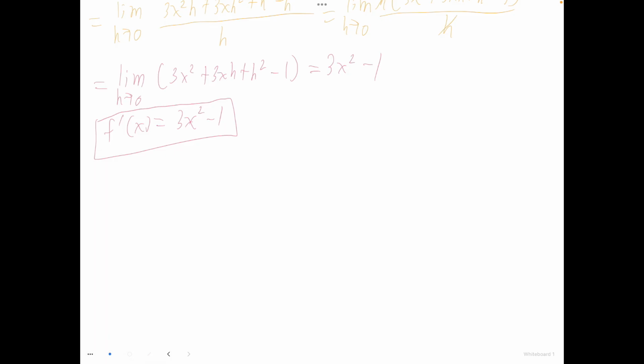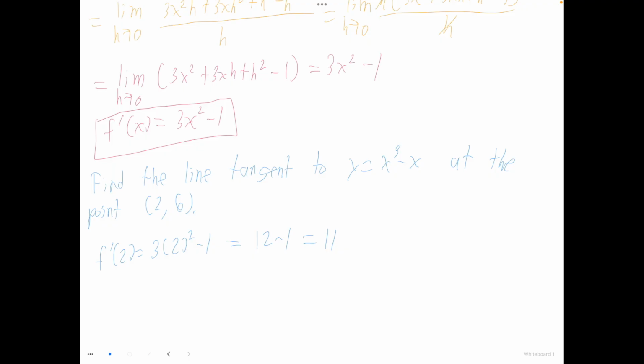And so if we wanted to find the line tangent to y equals x cubed minus x at the point (2, 6), rather than having to actually look at a limit again, we can just plug 2 directly into f prime to get the slope. So f prime of 2 is going to be 3 times 2 squared minus 1, which is equal to 12 minus 1, which is 11.